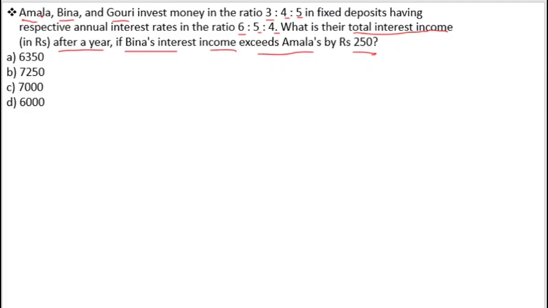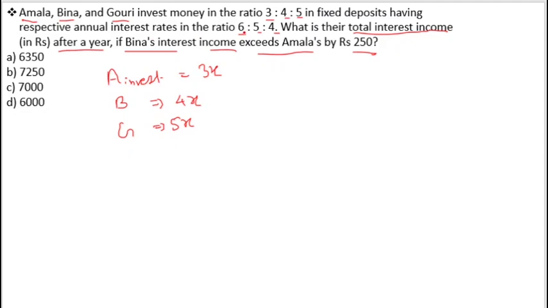So it is mentioned that Amla, Bina and Gauri invested money in the ratio of 3:4:5. So let us say that Amla invested 3x, then Bina has invested 4x and Gauri has invested 5x.